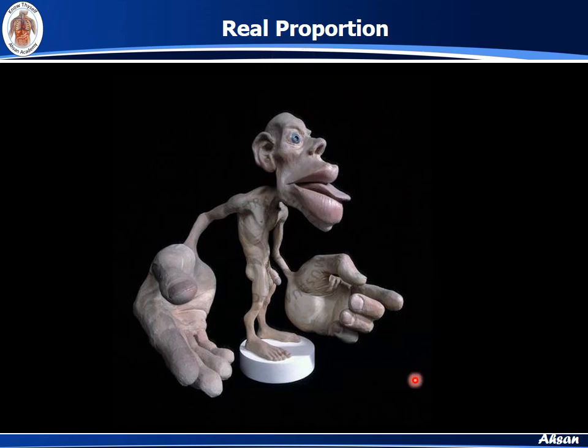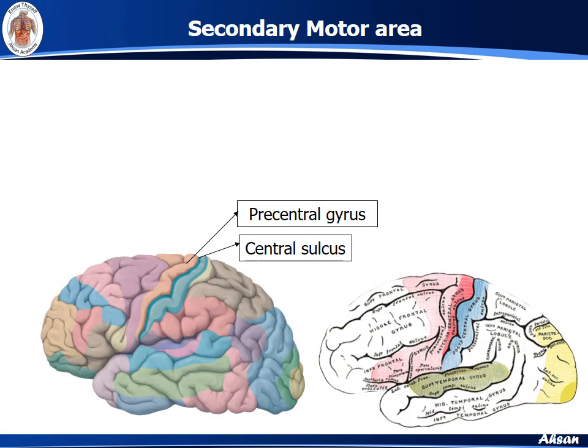This is the motor homunculus of the human body. It is drawn as per the proportion of the size of the motor areas. So you can see the tongue and lip occupy a very large area, and the hand occupies a very large area.